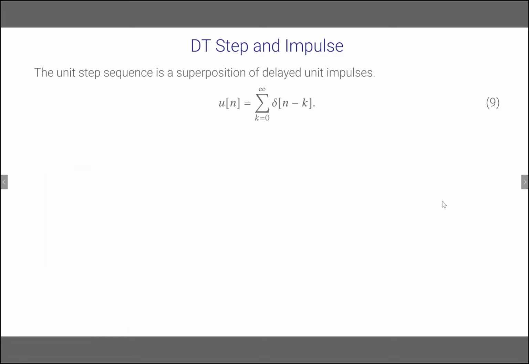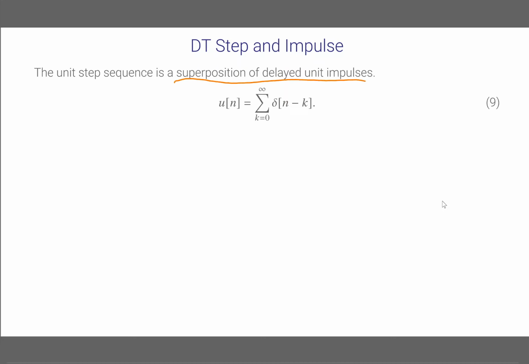Okay. Now we look at the discrete step and impulse as a superposition of delayed unit impulses. So we are looking at this impulse as the backward difference formula, then as a running sum, then as a superposition. So here you can see we are writing u[n] is equal to the sum over k from 0 to infinity of delta[n minus k]. So k starts with 0, 1, 2, 3, 4 up until infinity.